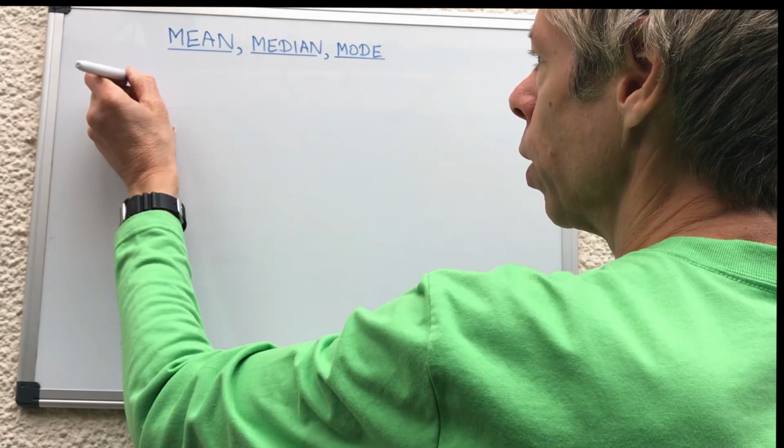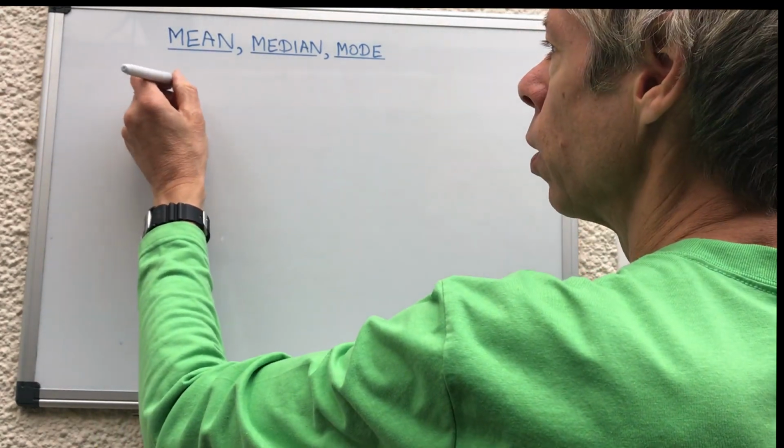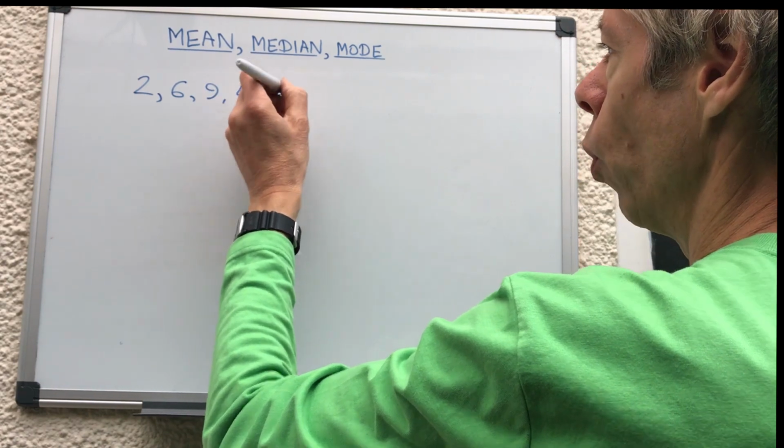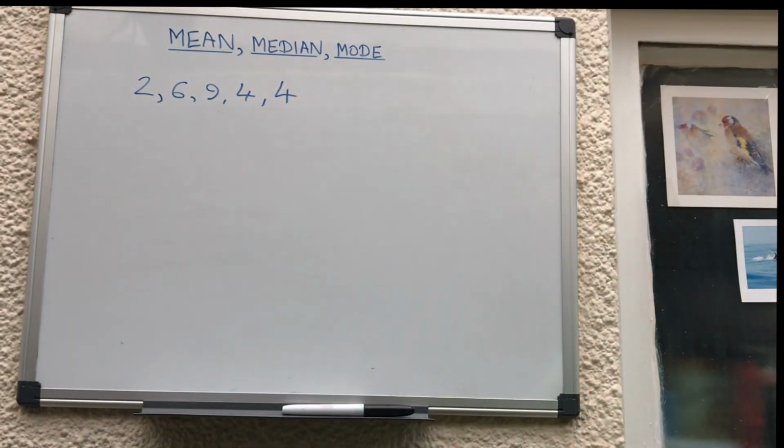So we've got these numbers 2, 6, 9, 4, 4. So take those numbers, work out the mean, median, mode and the range. And I'll be back in a few seconds with the answers.